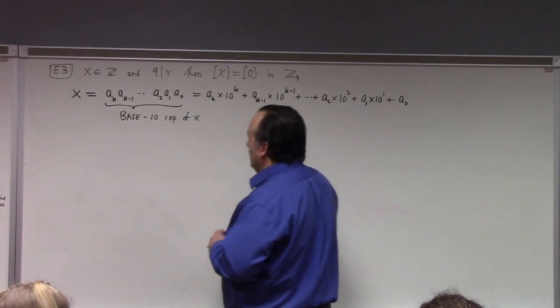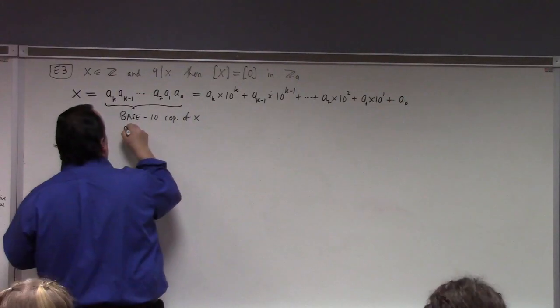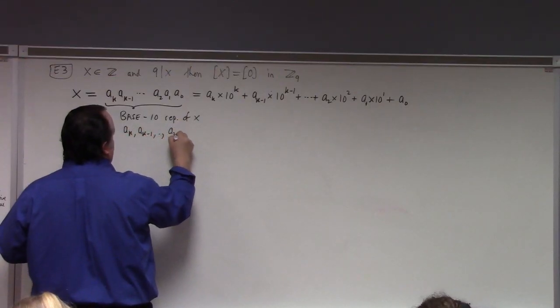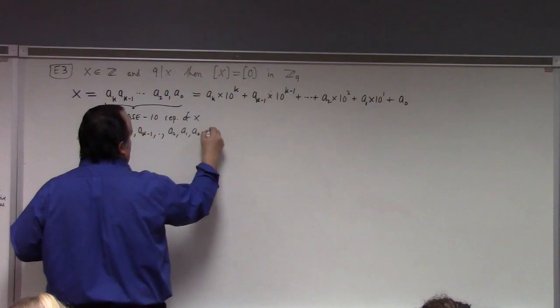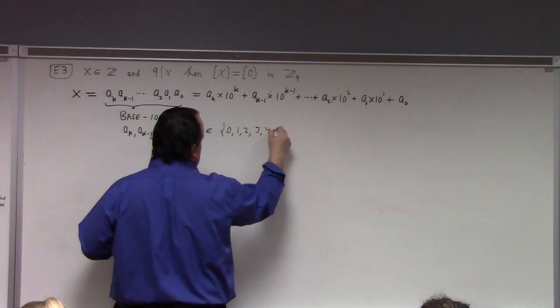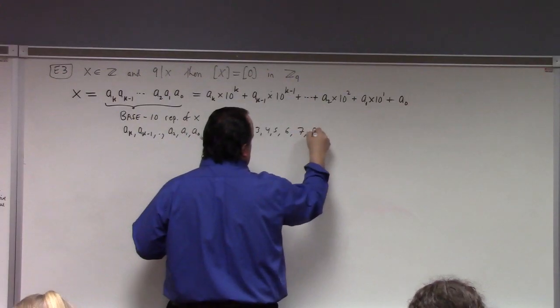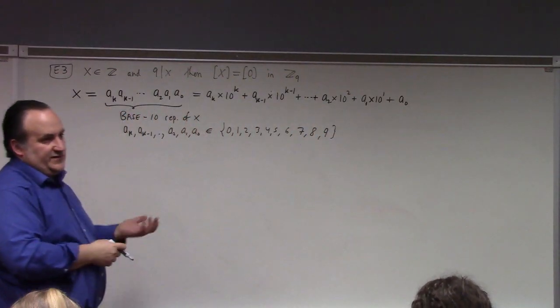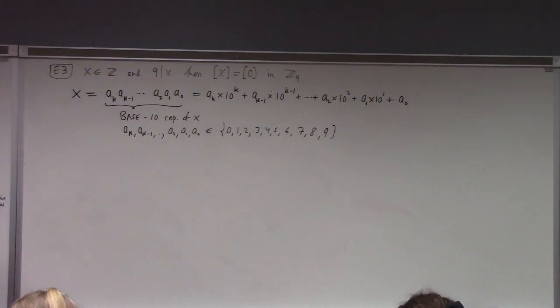Here the a's are elements of the set 0, 1, 2, 3, 4, 5, 6, 7, 8, and 9, right? These are digits by assumption.